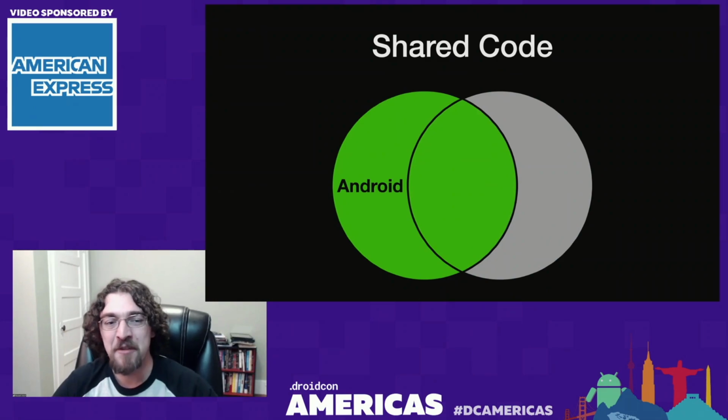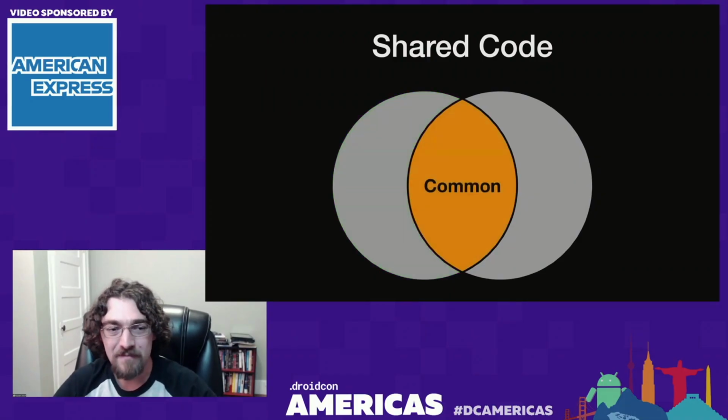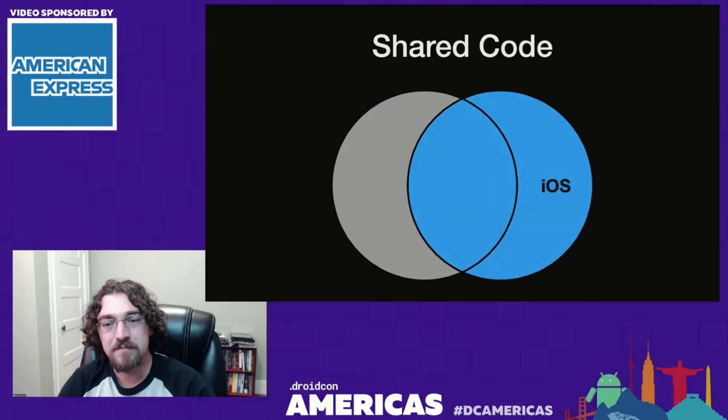You can split that out into stuff that knows about Android and the JVM and talks to those APIs, and stuff that just knows about common abstractions like the Kotlin standard library. That's the stuff that lives in the center. And that's the code that can then also run on iOS.